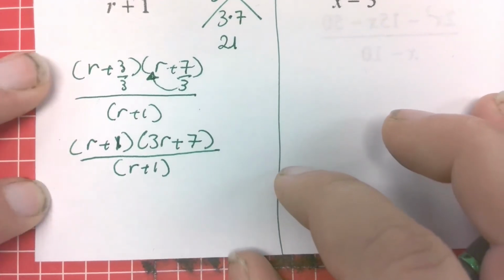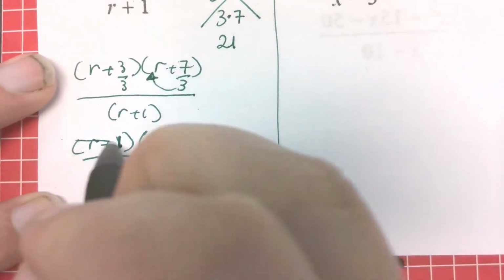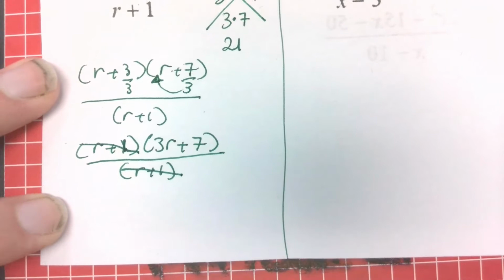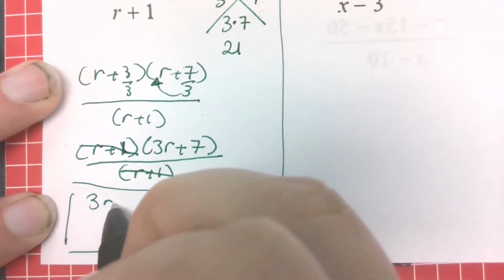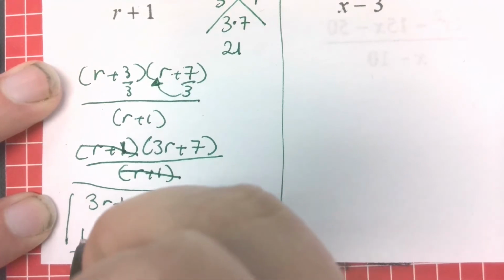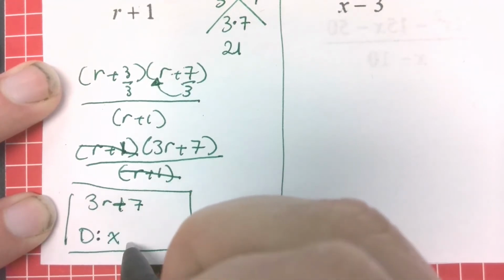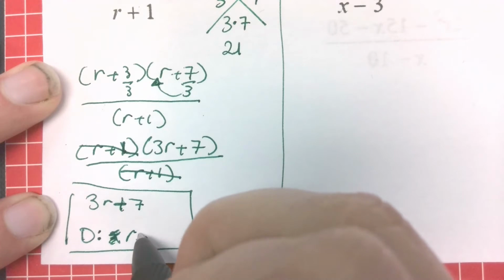What can cross out? R plus 1. Make sure you cross out a line through the whole group. My final answer is going to be 3 over r plus 7. And what's my restricted domain? Sorry. R cannot be what?